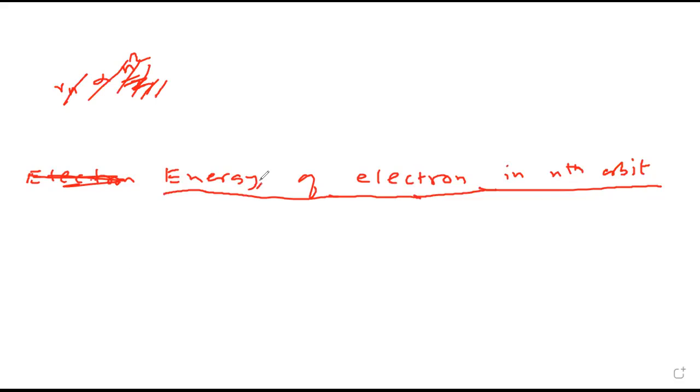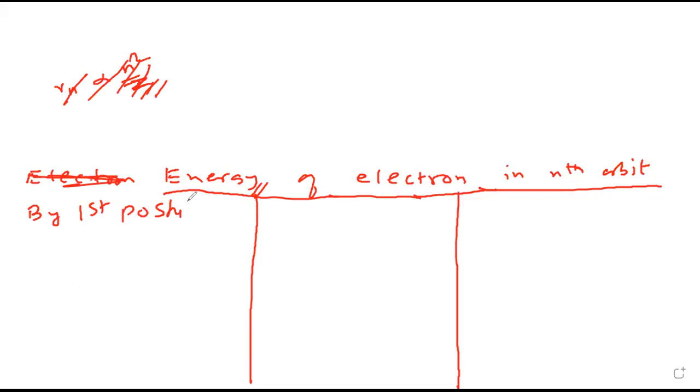See, whenever energy is asked, then it is always kinetic energy, potential energy, and then total energy, by first postulate. We know m v square by r is 1 upon 4 pi epsilon naught z e square upon r square for any atom. r cancels.